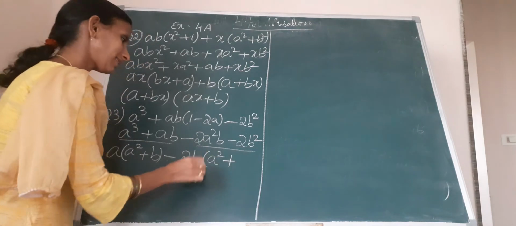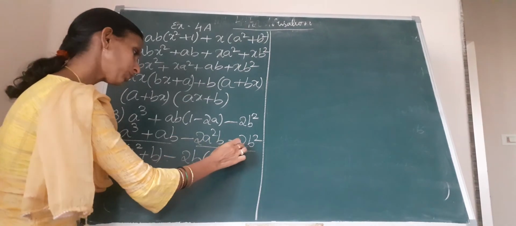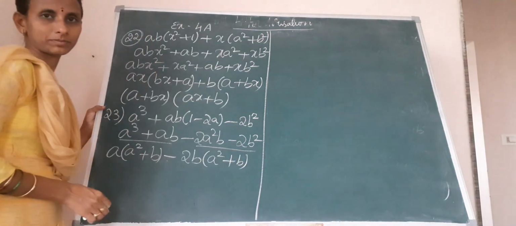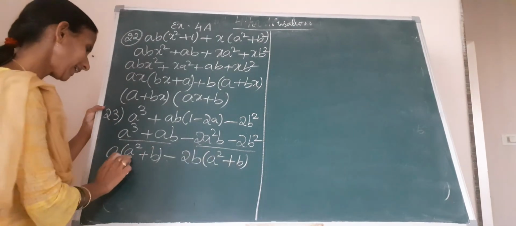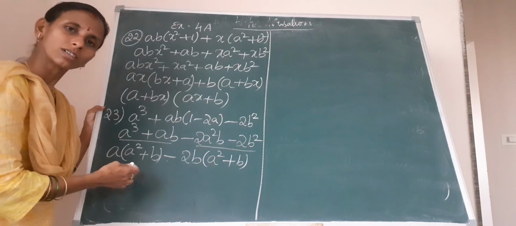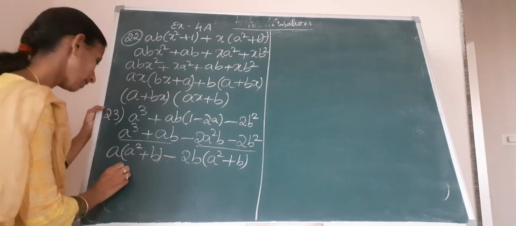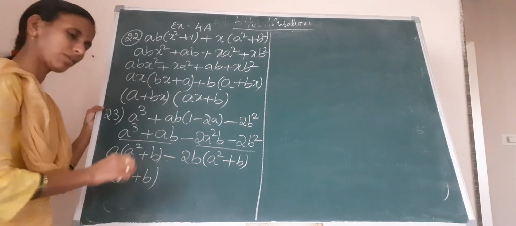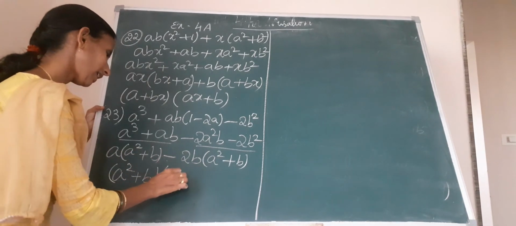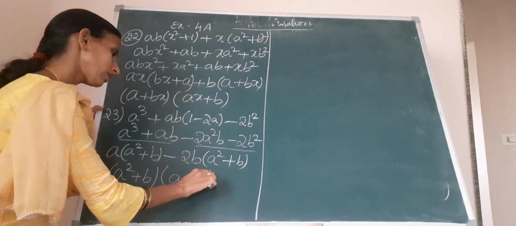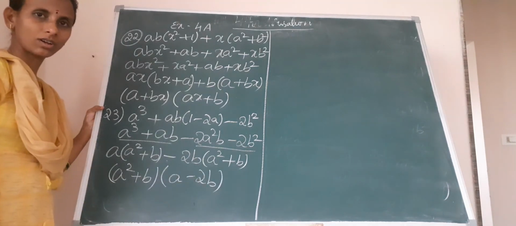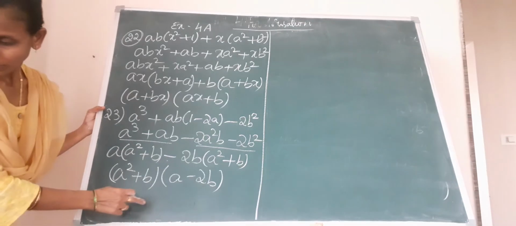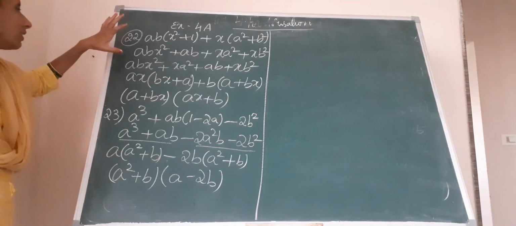And 2b we have taken out, so plus b. a square plus b is common in both the terms, so a square plus b I am taking it out. So what is remaining? a minus 2b. Okay. So a square plus b, a minus 2b are the factors of this expression.